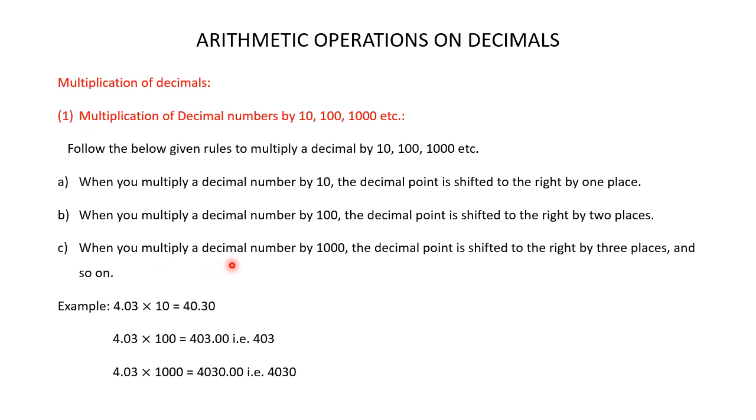Now when you multiply a decimal number by 1000, the decimal point is shifted to the right by three places. So when 4.03 is multiplied by 1000, the decimal point has to shift to the right by three places, 1, 2 and 3. So the answer will be 4030.00, which is nothing but 4030.